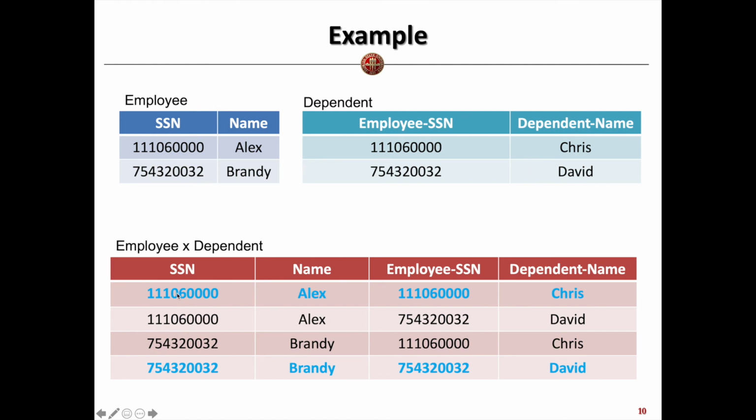Here we have Annex combined with Chris, and Annex combined with David, as shown in the second row. We also have to combine Brandy with Chris and Brandy with David, as shown at the bottom. Alright, so you see the output table will be very huge if we have more attributes and more data tuples.